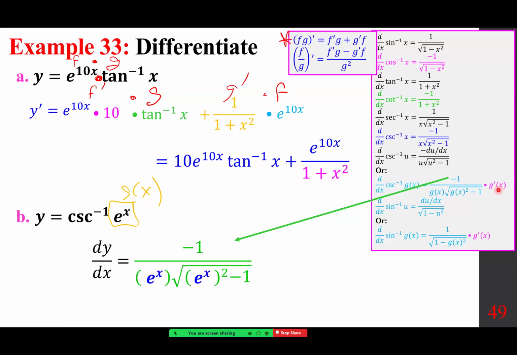And then we need g prime. What is the derivative of g of x? It is itself, e to the power of x. And notice these two are identical, they cancel each other. So we are left with minus 1 over the square root of e to the power of 2x minus 1. And this is the final answer, everybody.